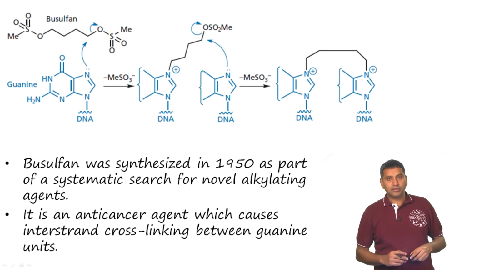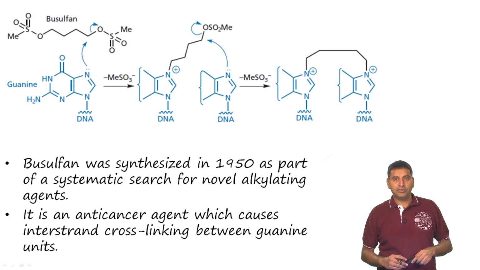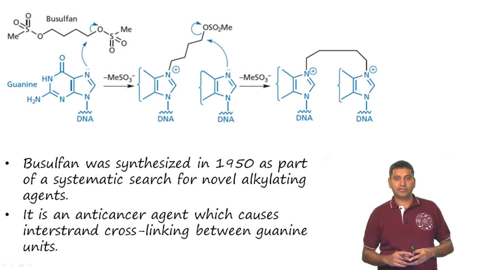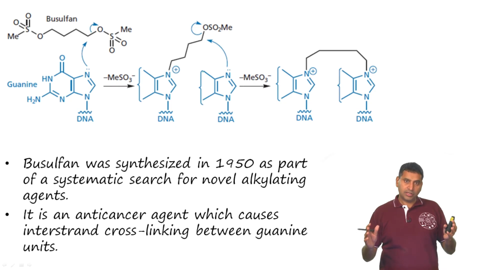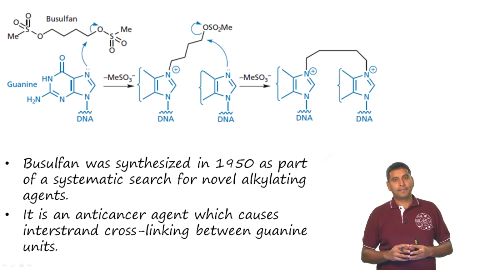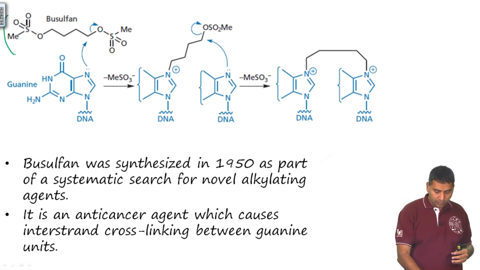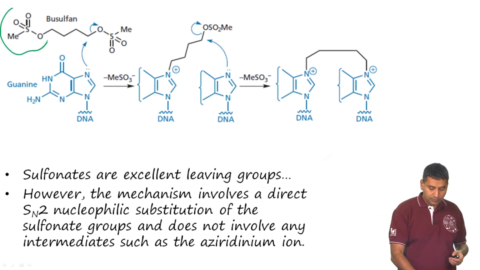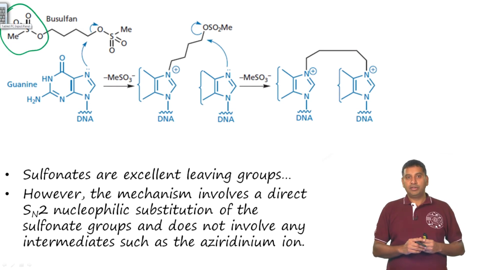The next example of an alkylating agent is busulfan. Busulfan was synthesized in 1950 as an effort to systematically search for novel alkylating agents. It is again an anti-cancer agent which causes interstrand cross linking between guanine units. Here is the structure of this molecule, and as you can see, it has a very good leaving group in the form of sulfonates.